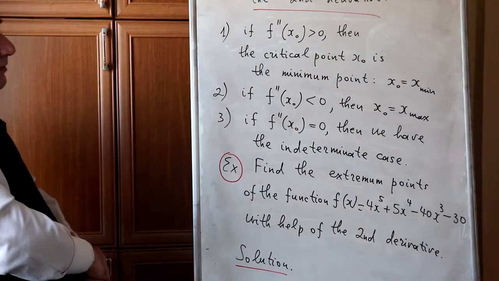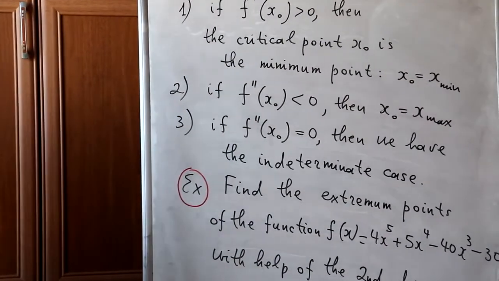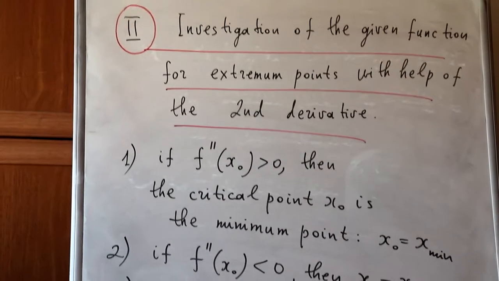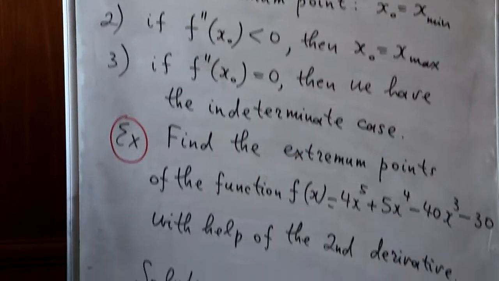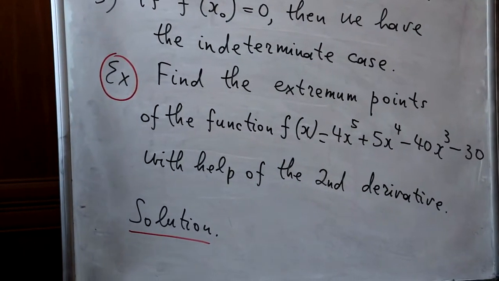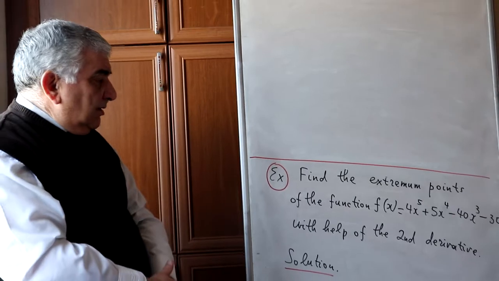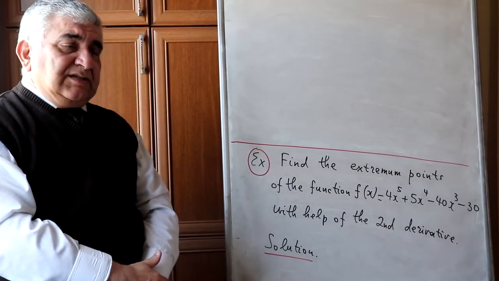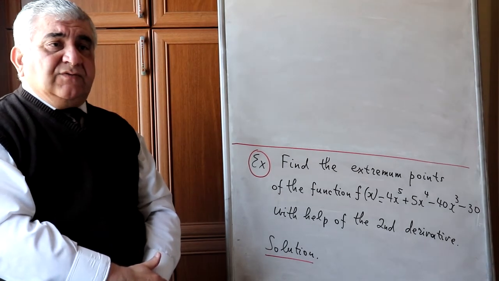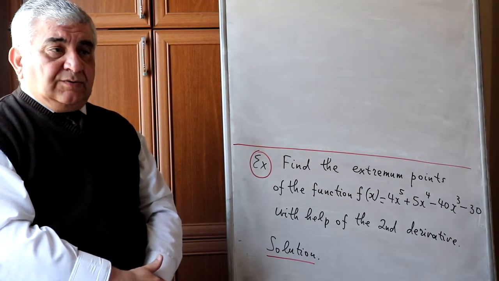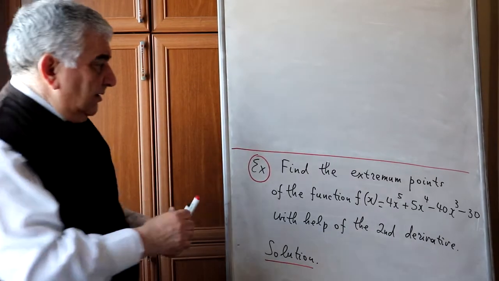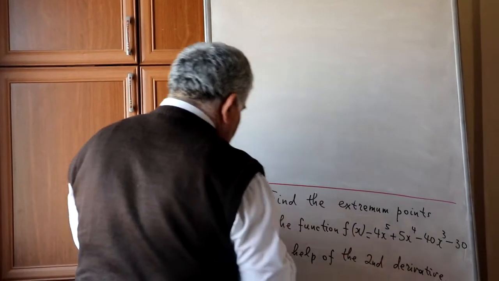Please look at the board. First, define the critical points. For this, equalize the first derivative to 0, and then solve the obtained equation. First, find the first derivative.